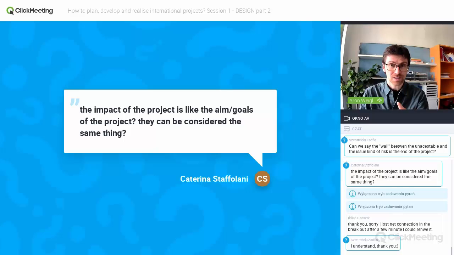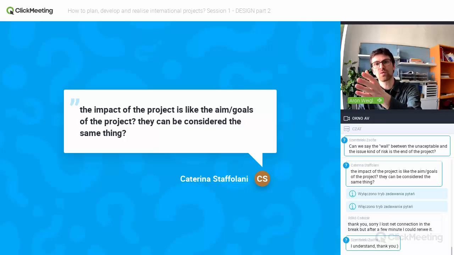The difference is that you formulate it as if it has happened already. So you say the impact we want to have is an improved quality of work, and not we want to improve the work. The goal would be formulated as we want to improve the quality of work. The impact would be the quality of work is improved.